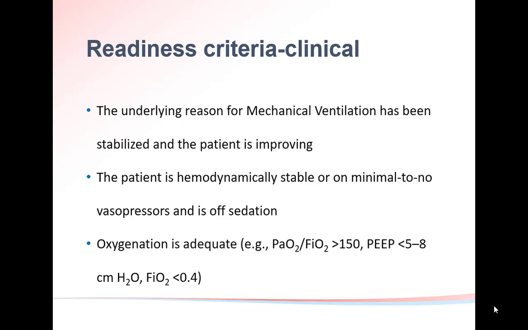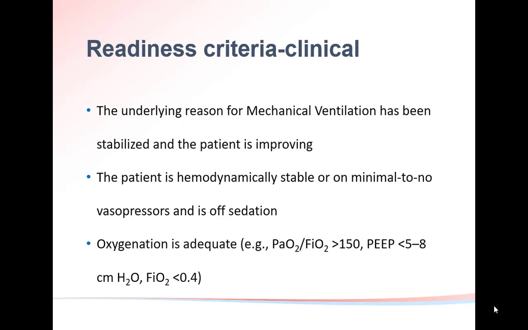The second is patient is hemodynamically stable, or is on a minimal vasopressor like 5-7 mics of noradrenaline per minute. The third is the oxygenation is adequate, that is PF ratio is more than 150, PEEP is less than 5 and FiO2 is less than 0.4.